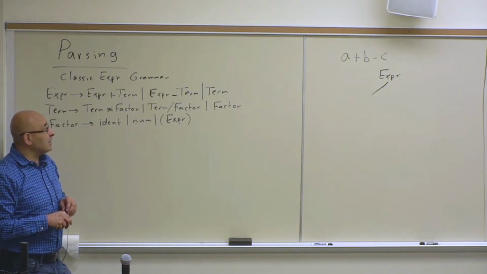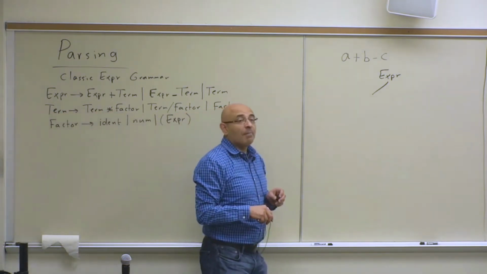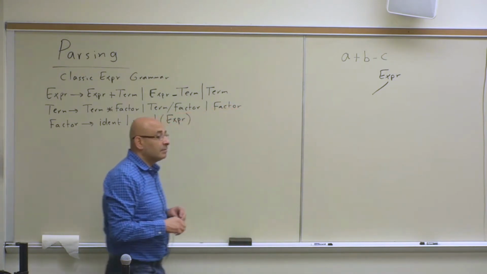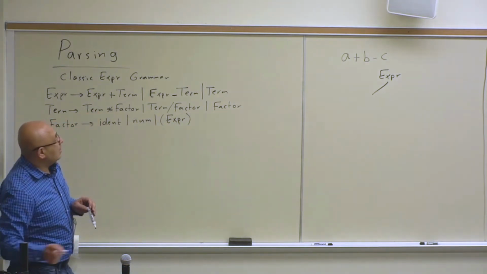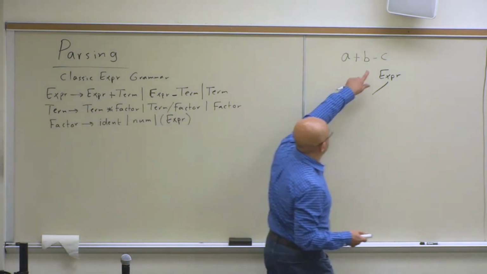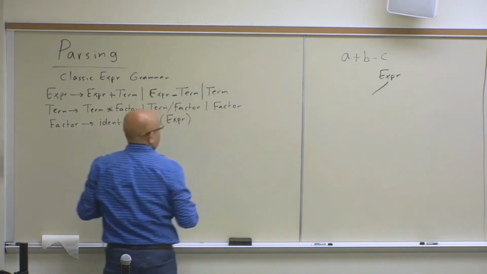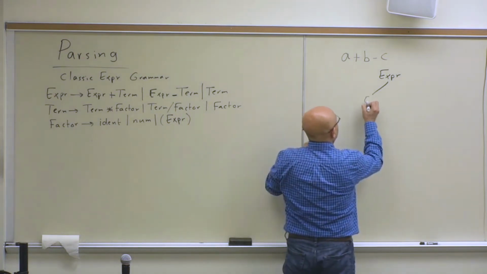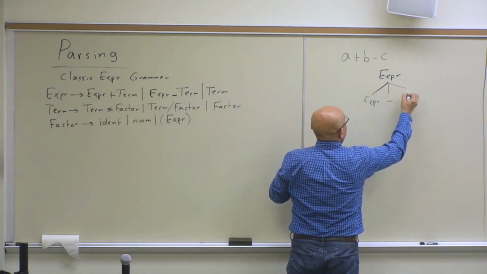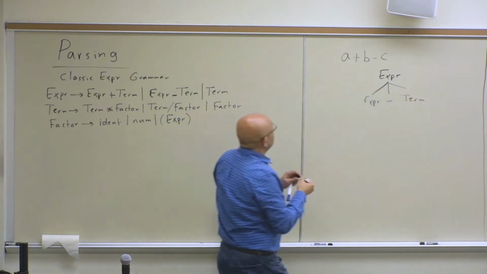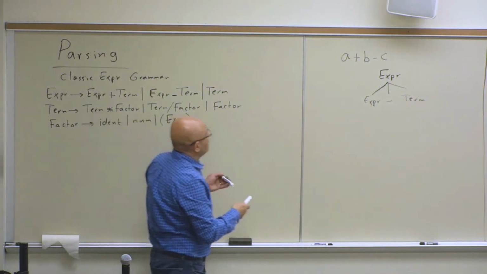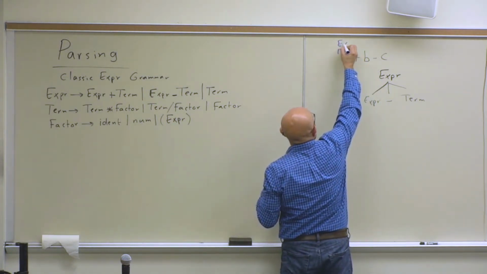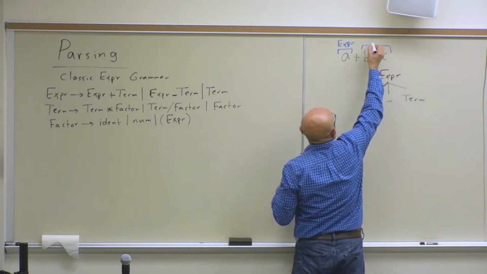How did you know that it's expression minus term? Because the minus is on the right. So the way you determine that the substitution at the top level is going to be expression minus term, not expression plus term, is that you asked: can I consider this an expression and this a term?